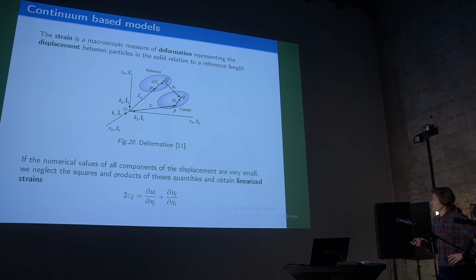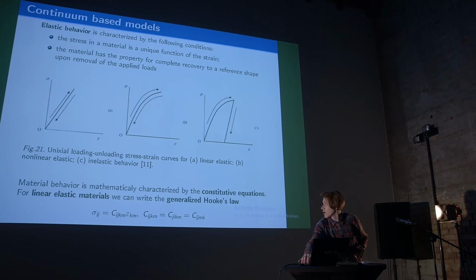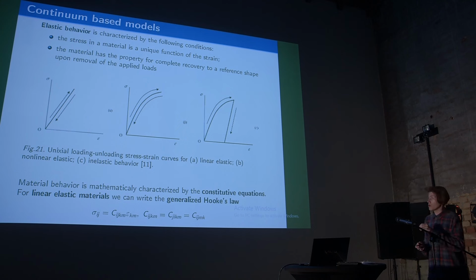So we can write the numerical values of the displacement in this case, and if we neglect some products in these quantities, we obtain linearized strains, and these strains we can use in the generalized Hooke law that can describe how material reacts to different actions, different forces, different loadings, and so on.